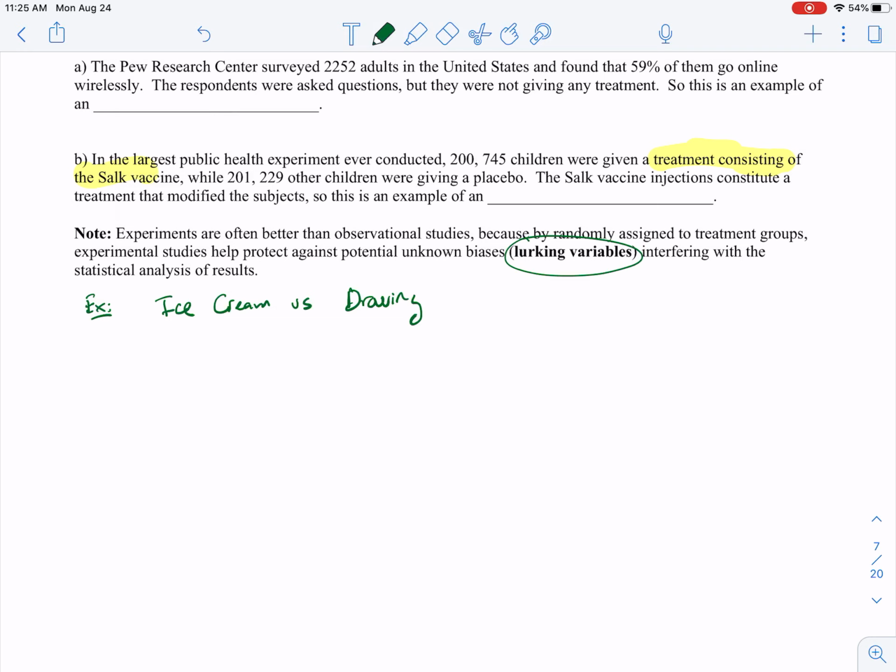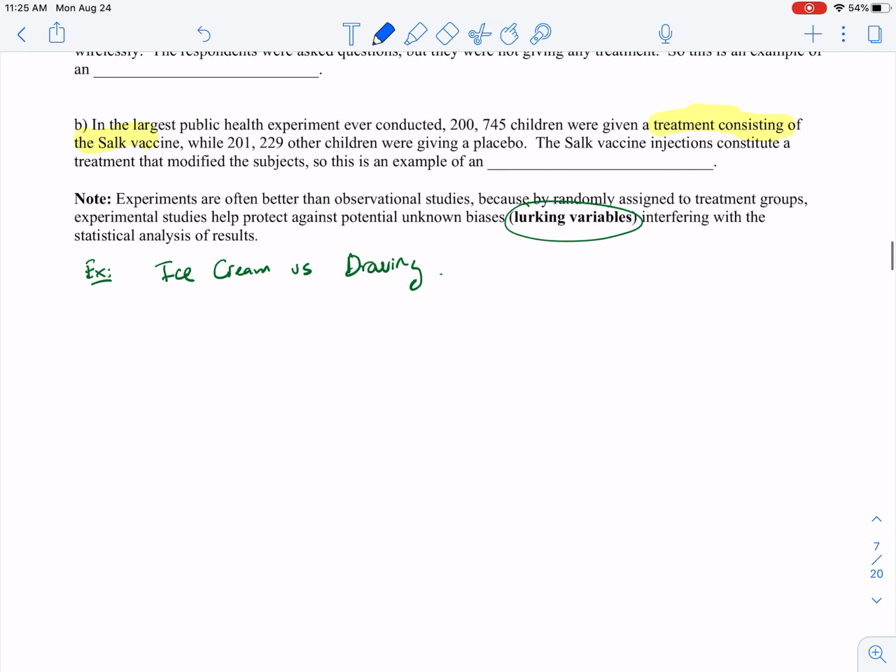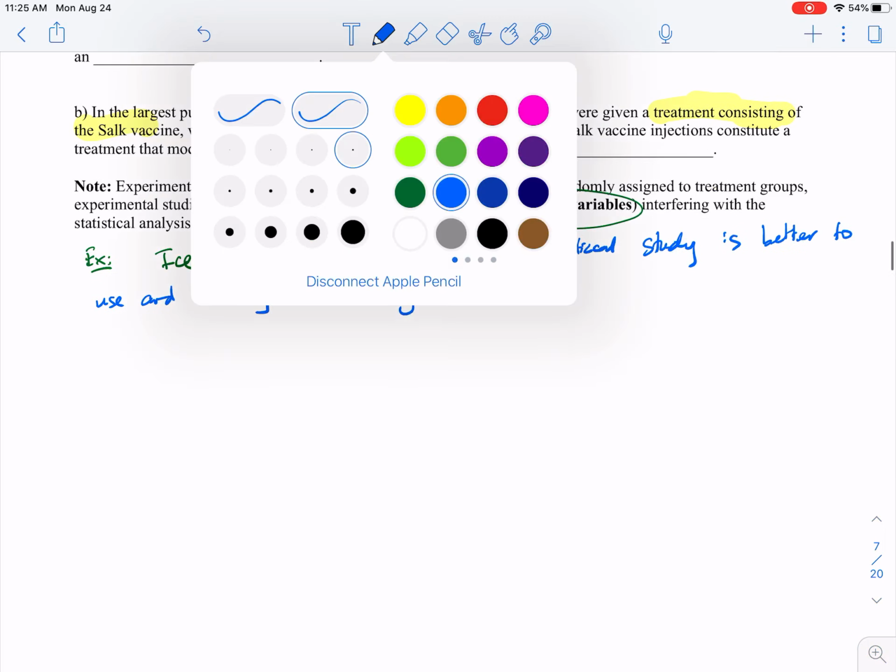We want to identify which statistical study is better to use and identify the potential lurking variable.